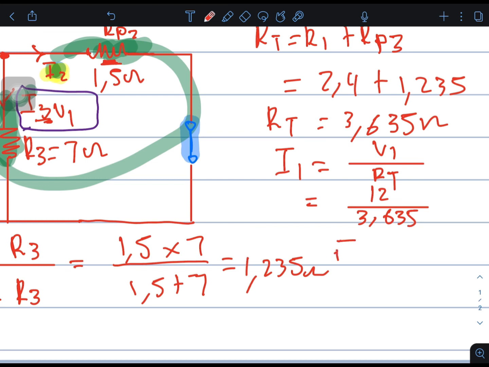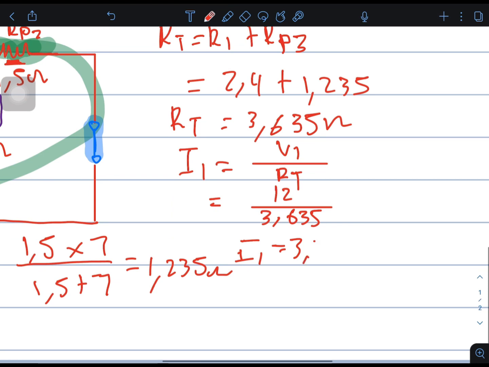The total current, which is I1, is 12 over 3,635, which is 3,301 amps.